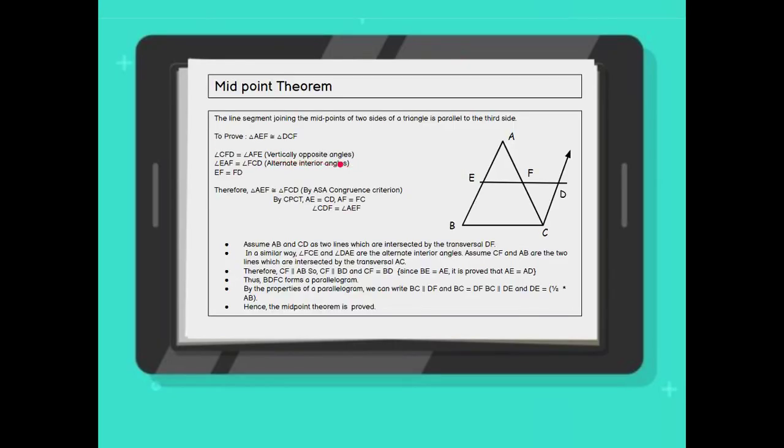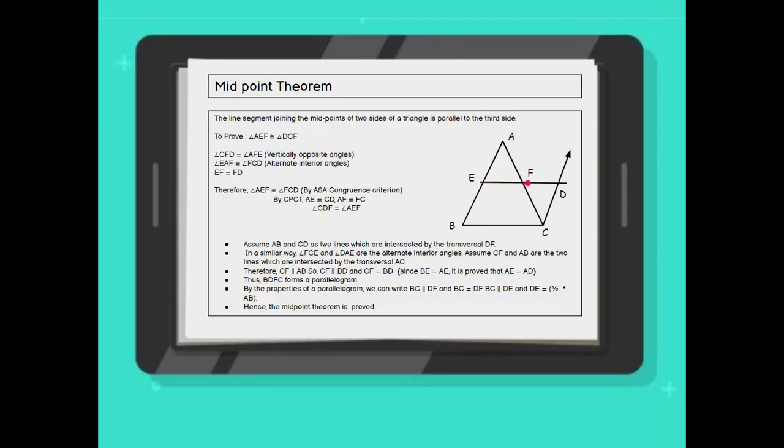Coming to the midpoint theorem. The line segment joining the midpoints of two sides of a triangle is parallel to the third side. So here to prove is EF is parallel to BC and it is half of BC. Therefore, first we'll prove that triangle AEF is congruent to triangle FCD.